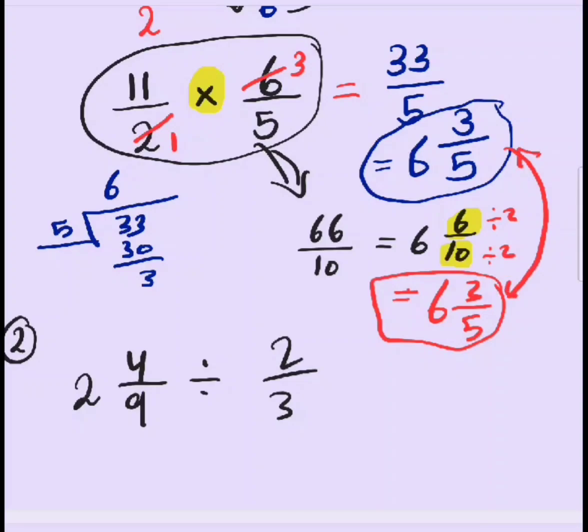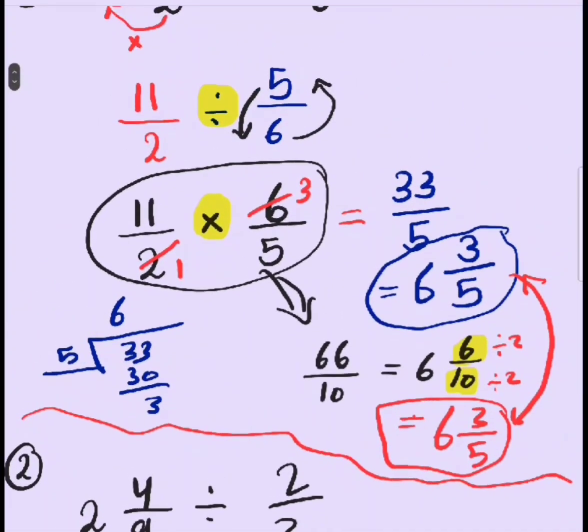Now the cancellation method, we simplified our problem before we multiplied straight across. So you can get to the correct answer without using cancellation. It just comes in handy with some problems as far as simplifying things before multiplying straight across. All right, so on to number 2.